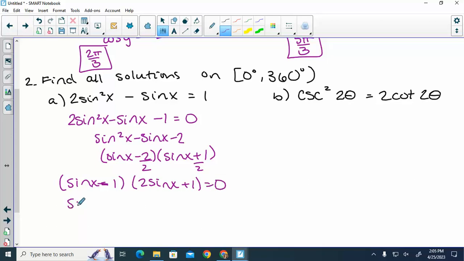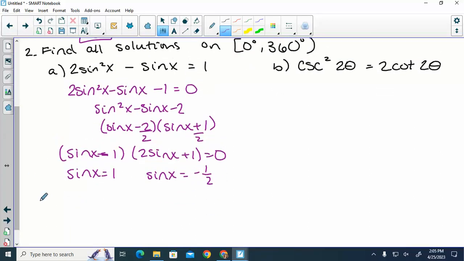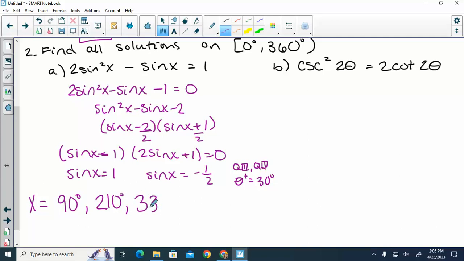So when you set those to 0, sine is equal to 1 or negative 1/2. When is sine equal to a positive 1? 90 degrees. Okay, quadrants. When is sine negative? Reference angle. When is sine 1/2? 30 degrees. So 30 degrees in quadrant 3, so 180 plus 30 is 210. And quadrant 4, 360 minus 30, 330.